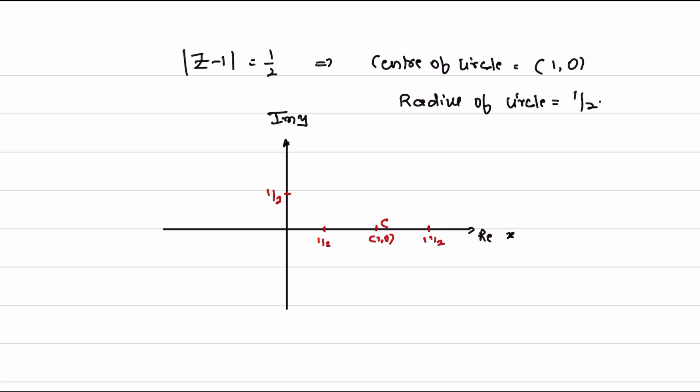With this as the center, we will draw the circle. Now you might have understood how to draw a circle when modulus of z minus 1 is equal to half.